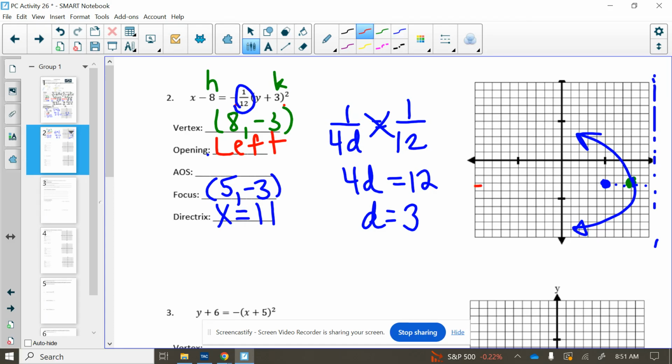Last but not least, our axis of symmetry, if we fold over this time, it's going to fold over the y value, it's a horizontal line this time, of y equals -3. And you can always check these, they always stay the same for your axis of symmetry.